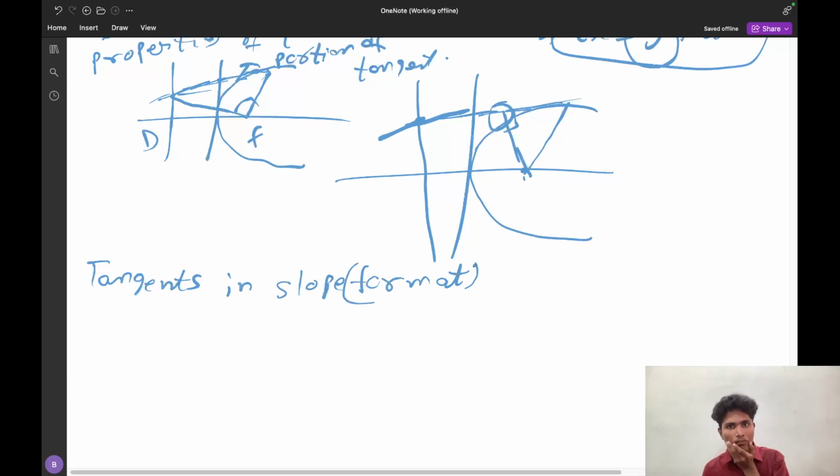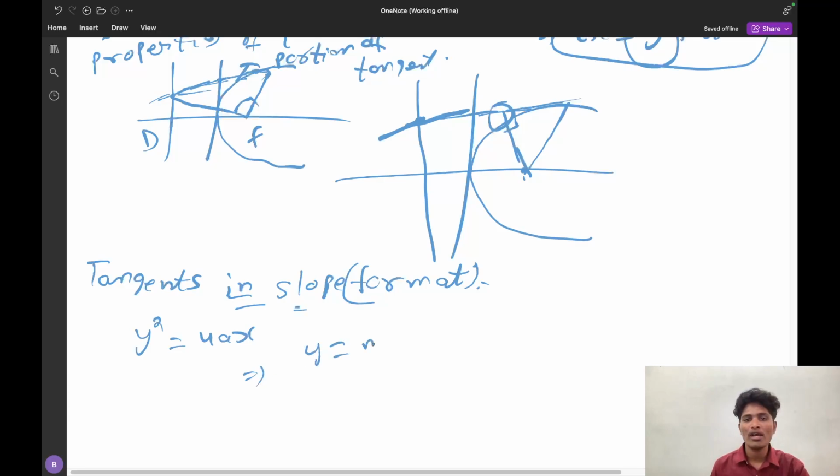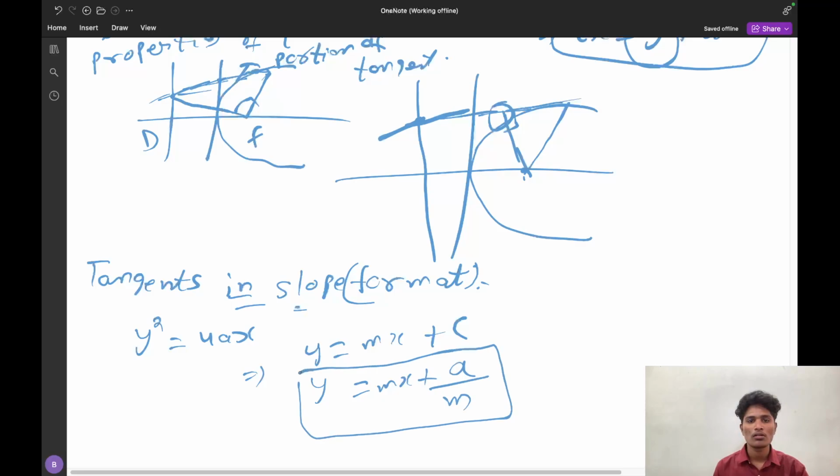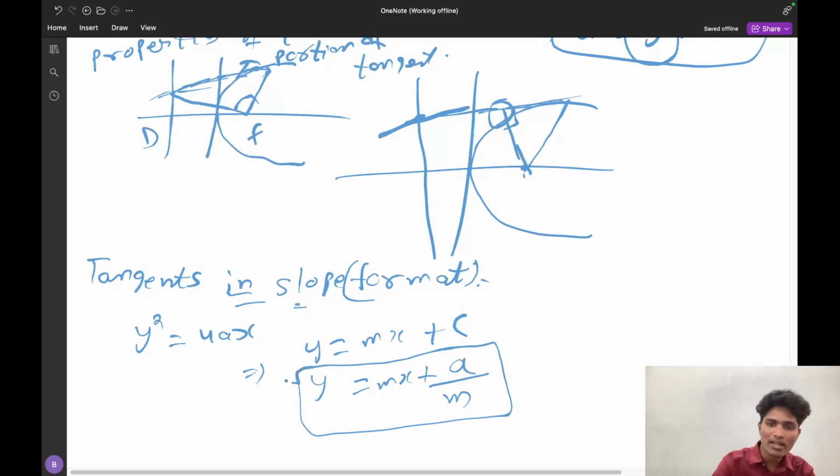Yes, tangents in slope form I have to write. For y square is equal to 4ax, y is equal to mx plus c. When I solved, I got the condition: y equal to mx plus a by m.